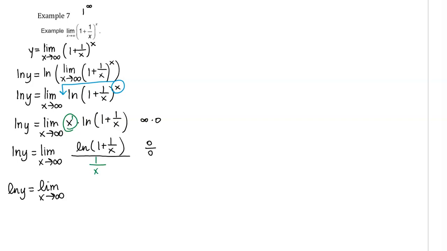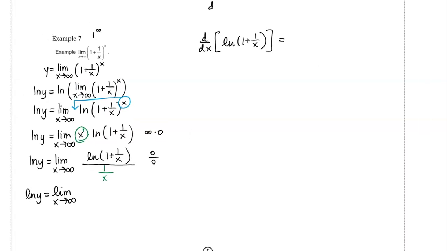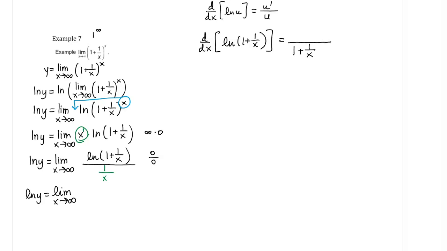L'Hopital's rule tells us that we're going to need the derivative of natural log of 1 plus 1 over x. Generally speaking, recall that the derivative of natural log of u is u prime over u. So the denominator of this will simply be 1 plus 1 over x.